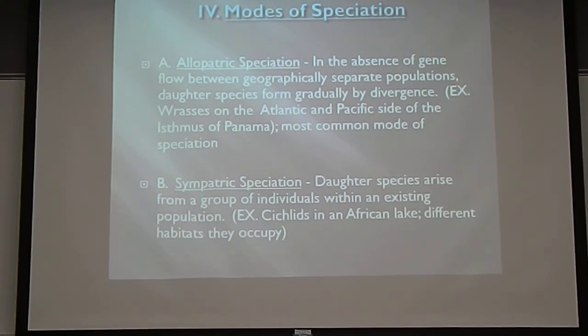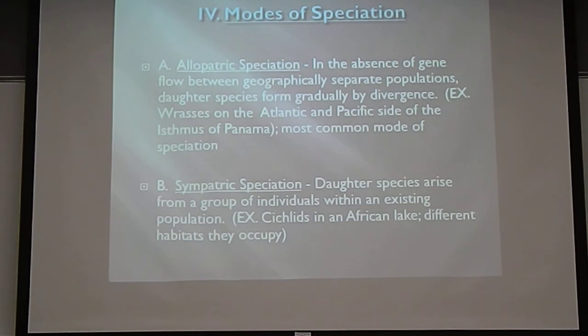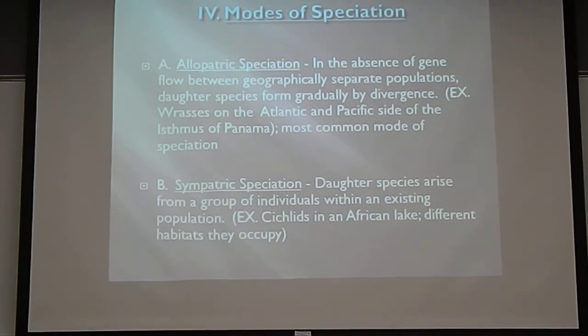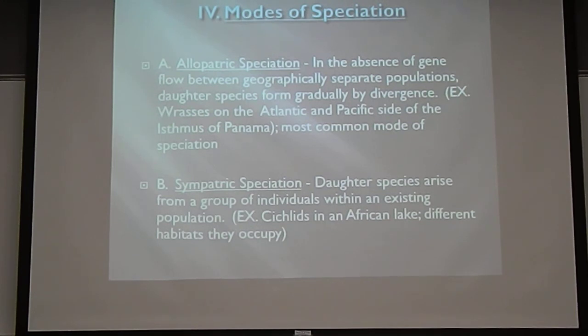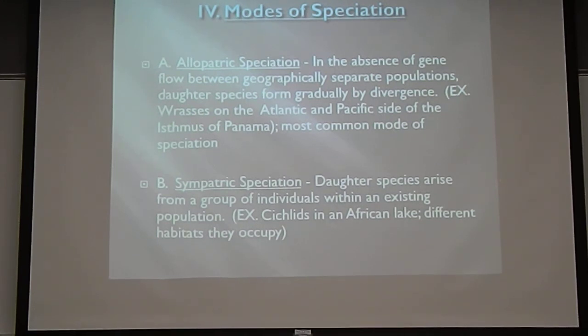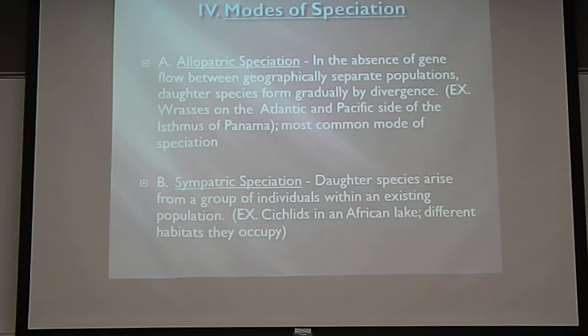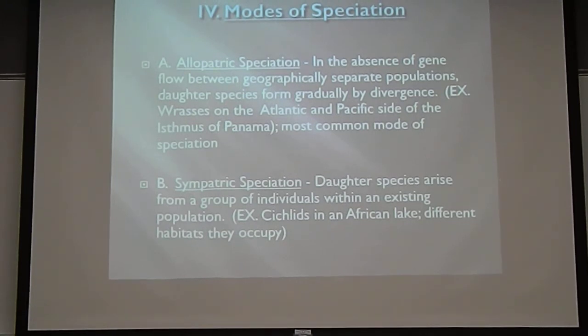And so there are cichlids. Cichlids are freshwater fish, in Lake Tanzania, I think. There are several different species of cichlids that live in that lake. There are different habitats, and within those habitats you will find these different species.